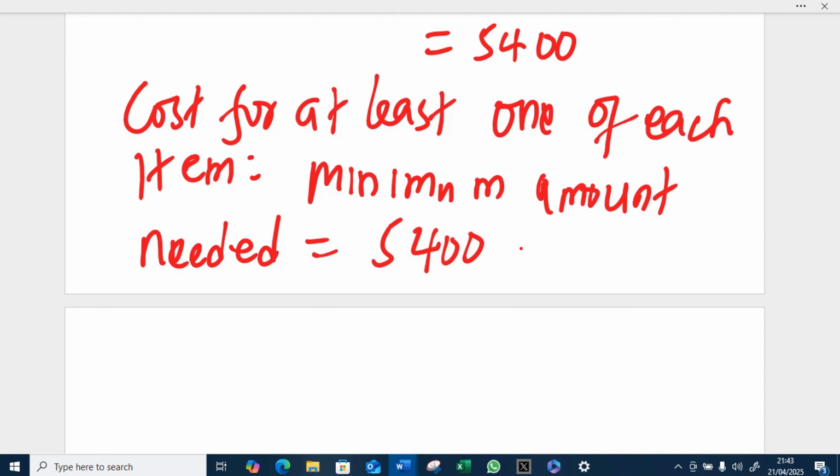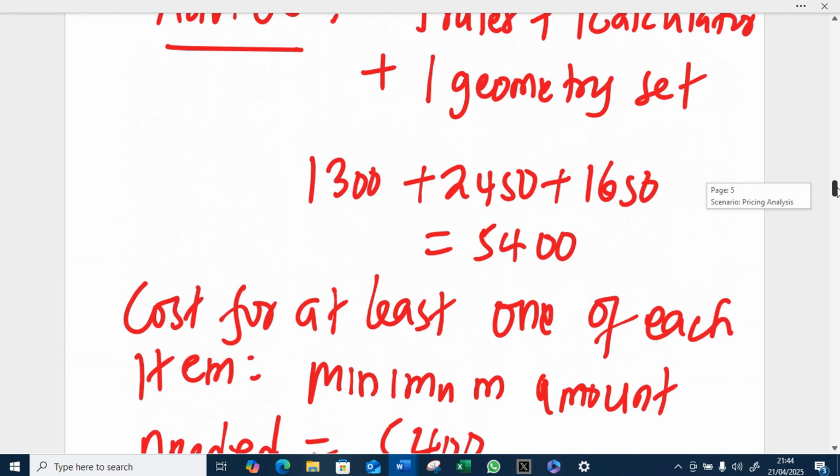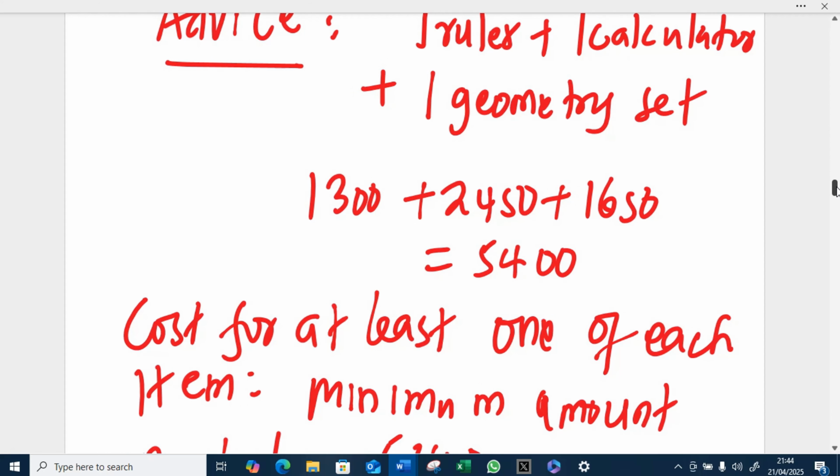5,400. Now we are told that Tina, their friend, wants to buy at least one of these items, but she wants to minimize costs. So what she can do to minimize cost here, she can ask for a discount.